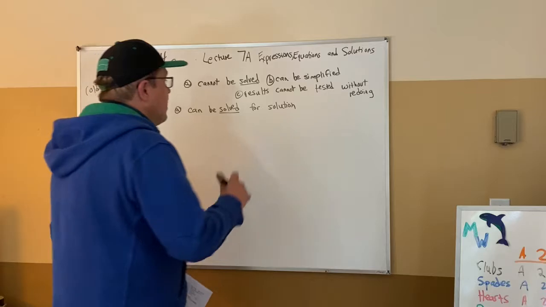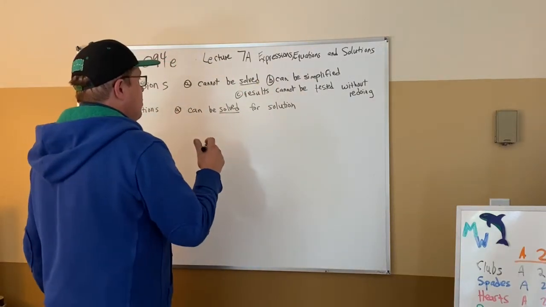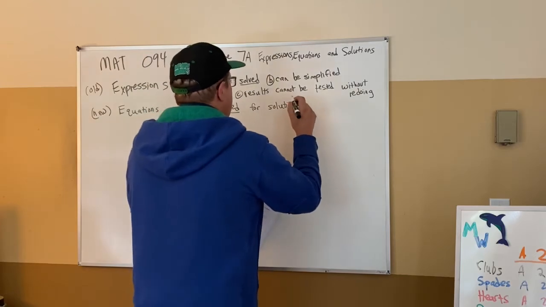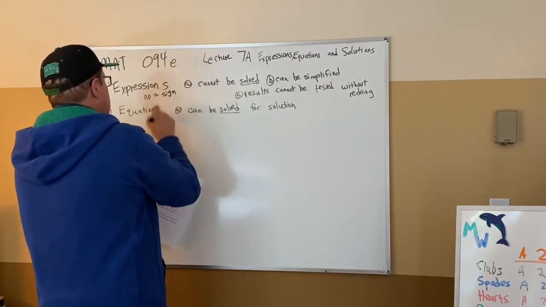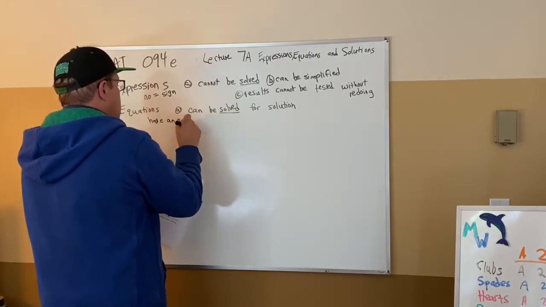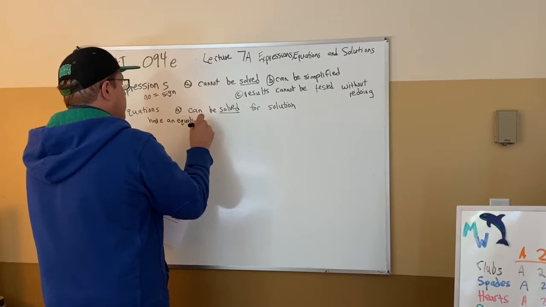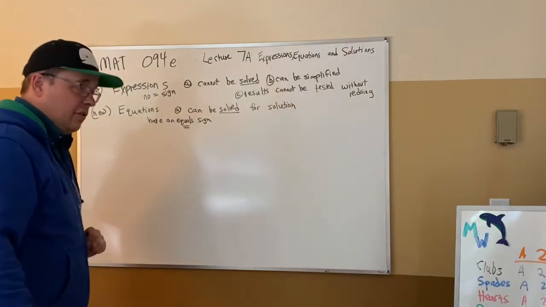Okay. Now, because they're not needing to be simplified, they do have an equal sign. So these have no equal sign, these have an equal sign. Look at that. Equals an equation. Looks similar.